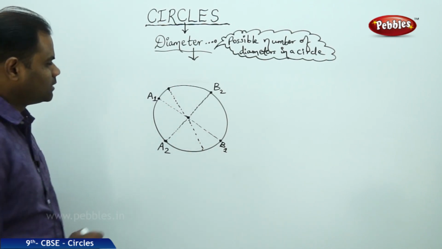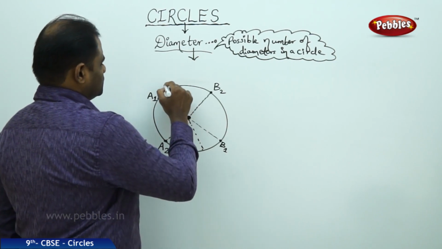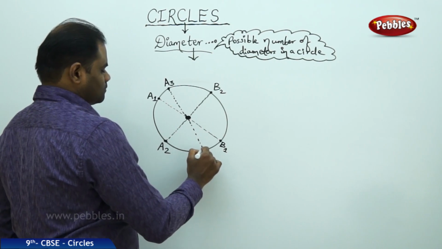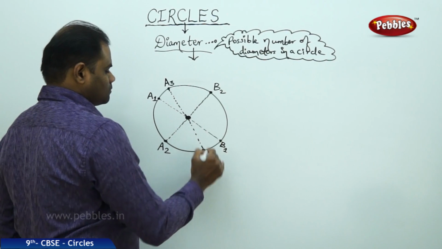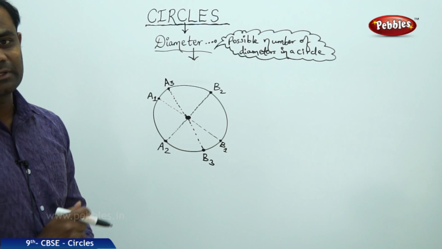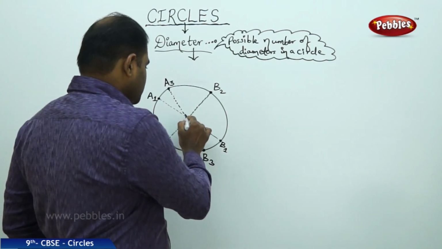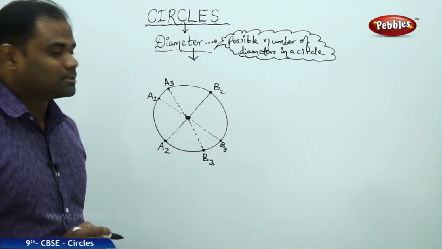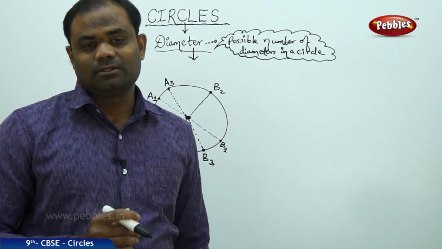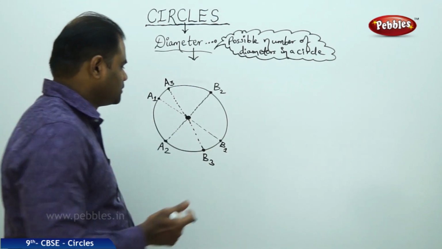So here I have another line passing through this center. So this is A3 and B3. So here is a different set of lines taken into consideration, but interestingly all three lines are passing through the center of the circle. That means all the three lines as drawn here, the dotted lines, are the diameters for the circle by definition of diameter.